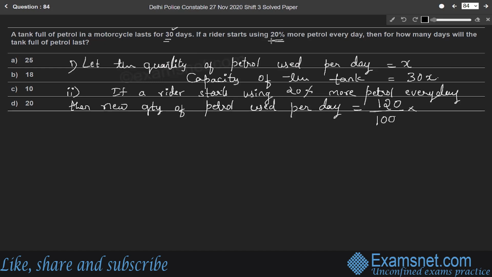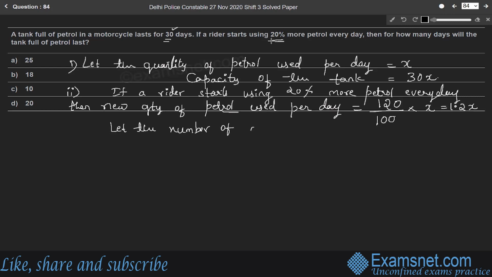So if X is the quantity of petrol, then the new quantity of petrol used per day becomes 120 by 100 into X, which is 1.2x, right?